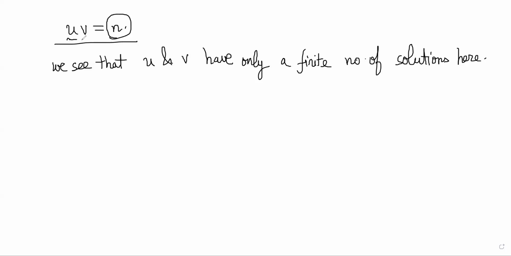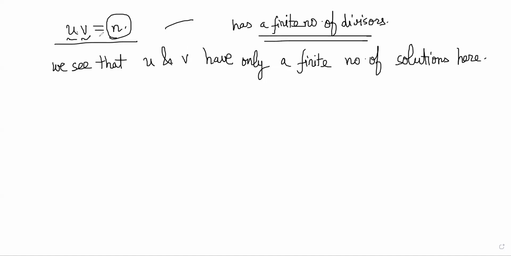It can be expressed as a product of two different odd numbers only in a finite number of ways, right? Because n has a finite number of divisors. Since n has a finite number of divisors, you cannot do a product of divisors in more than a finite number of ways, right? So we know from here u + v = 2^b + 1.